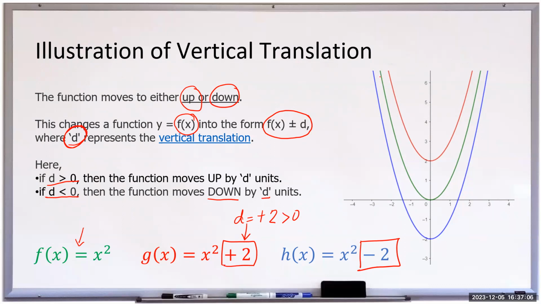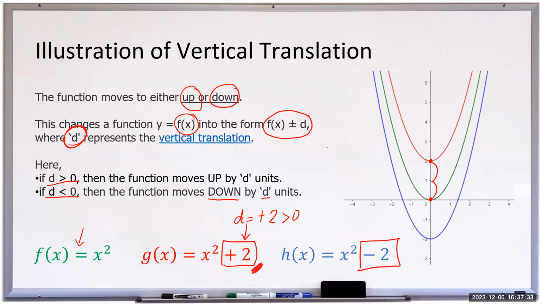Starting with our green parent function, we will move 2 units upward. Okay, so from this vertex, 2 units upward, then we arrive at our g function. So from the green one, we moved up 2 units because of this additional plus 2 here in the given equation.